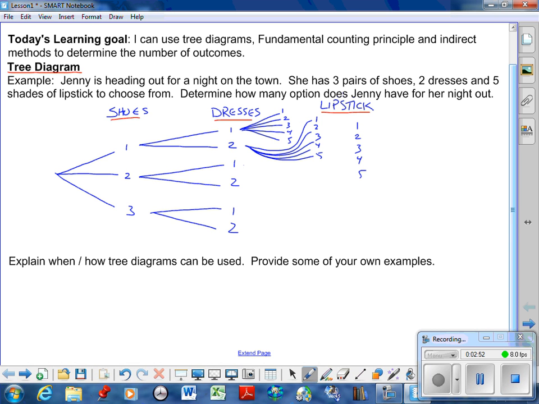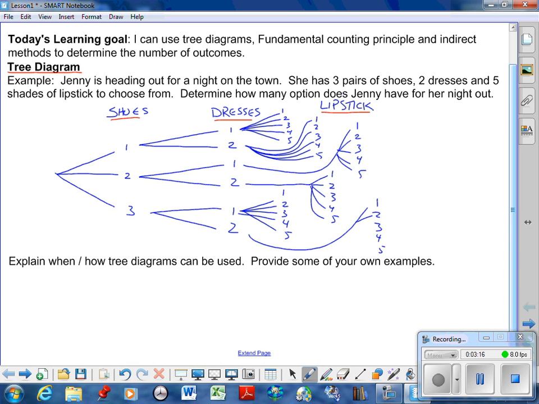I'm just going to stem them off from there to make it look a little prettier. And you'll soon learn why. Tree diagrams, there's a time and place for them. This one, probably not the time and place. And then 1, 2, 3, 4, 5.